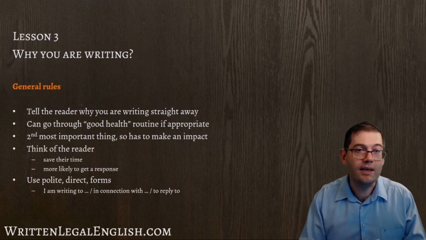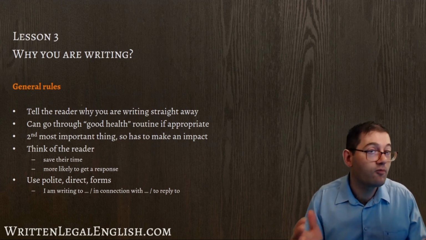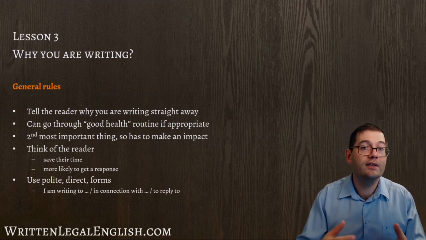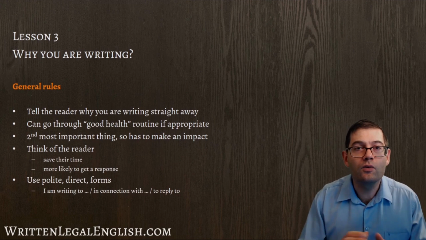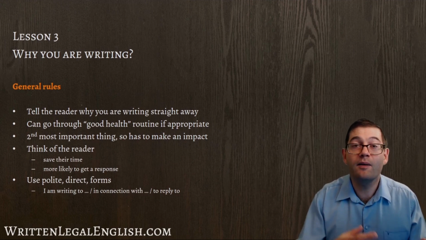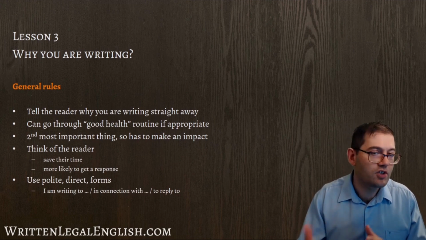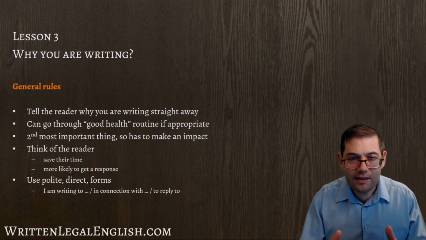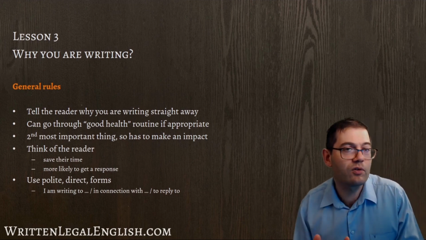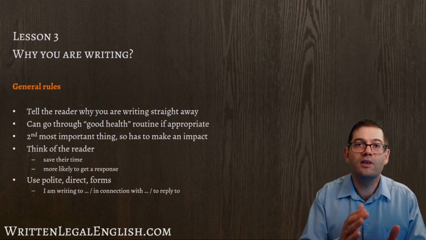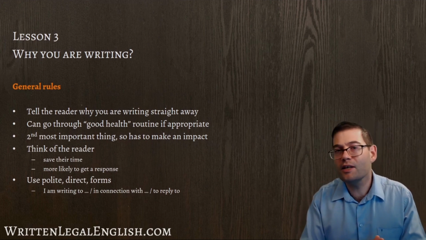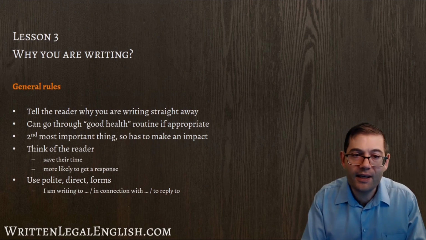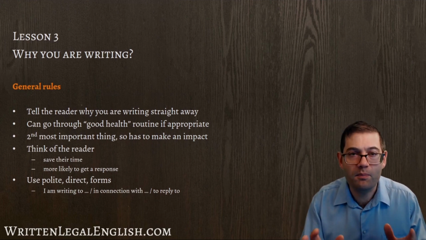So you can say, I am writing to, or I am writing in connection with, or I'm writing to reply to your email, or something like that. You don't need to think of many different verbs. Just go with the basic ones. I am writing, I am responding, I am replying, whatever it might be.